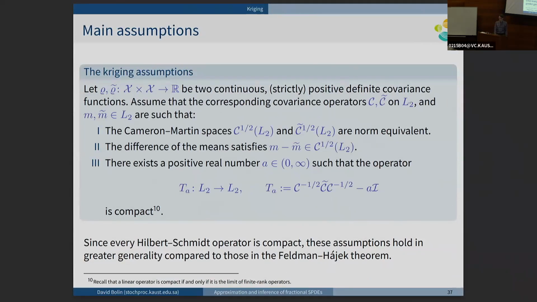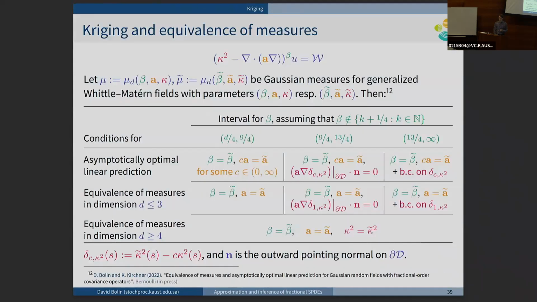So the problem, of course, is that these conditions are formulated in terms of the covariance operator of the Gaussian measures, which in general is quite difficult to look at. It might not be trivial to check if this operator is compact. Fortunately, going back to the Whittle-Matern fields, we can actually do that.